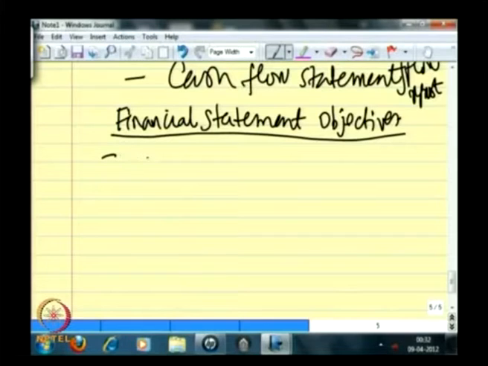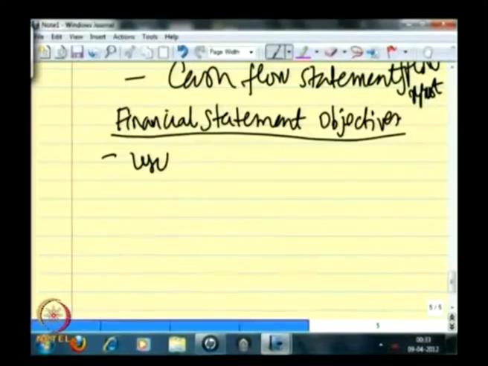These statements are useful for present or potential investors or creditors, so that they can take investment decisions or take credit decisions based on what this balance sheet or an income statement provides as signals.